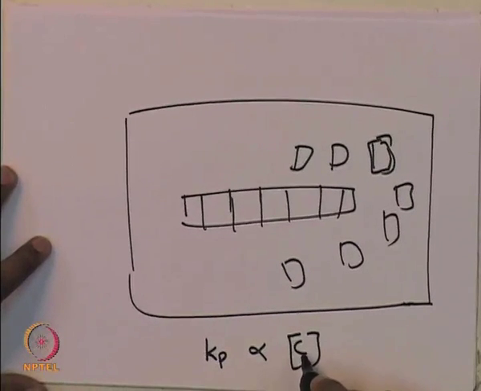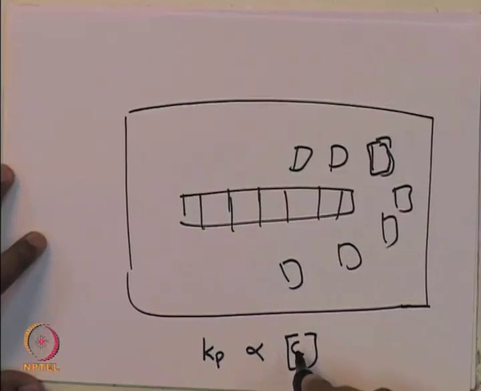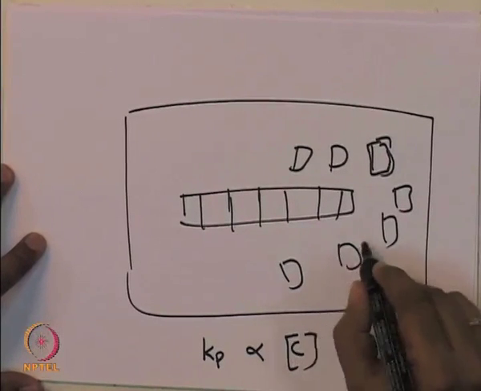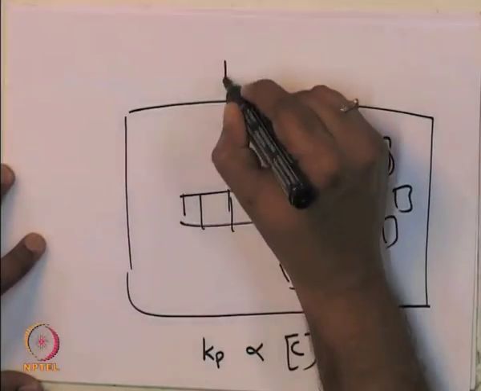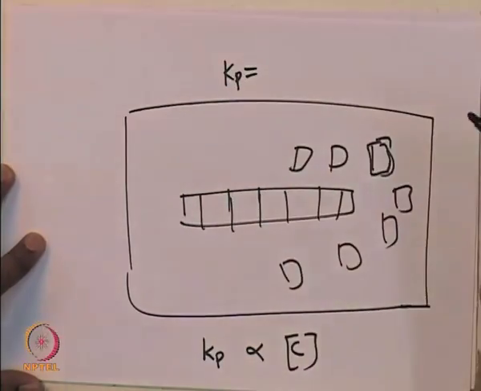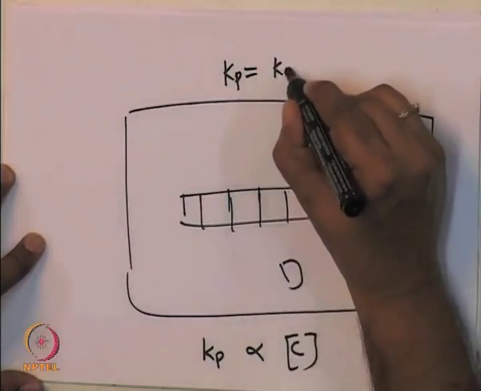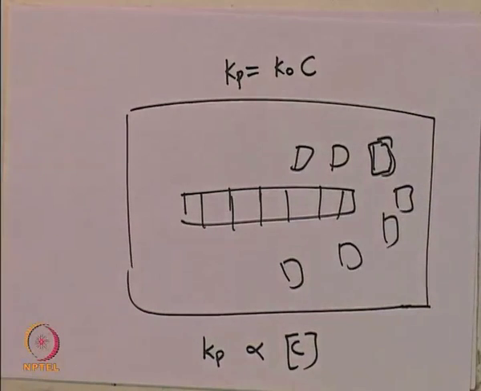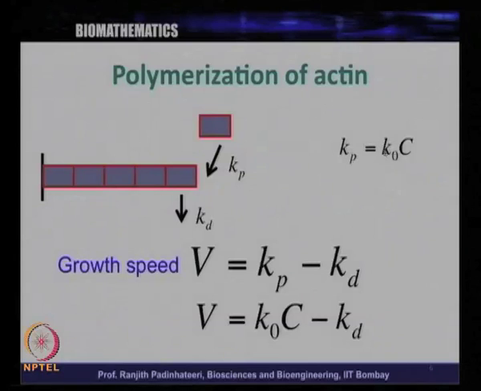I represent the concentration of the free monomers as C. So, I can write Kp, the polymerization rate, as some constant K0 times the concentration of free monomers. That is what is written here: Kp is K0 times C. I can substitute that here.